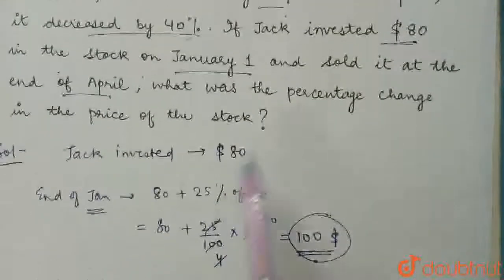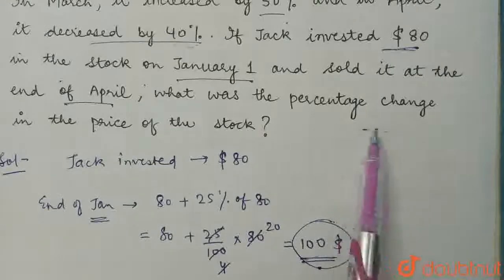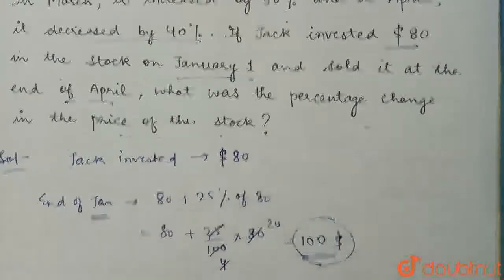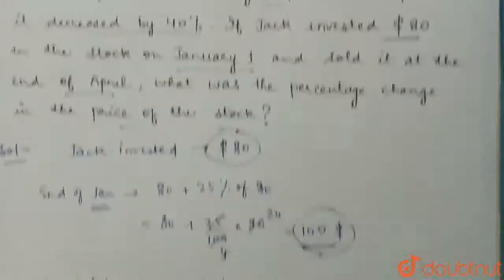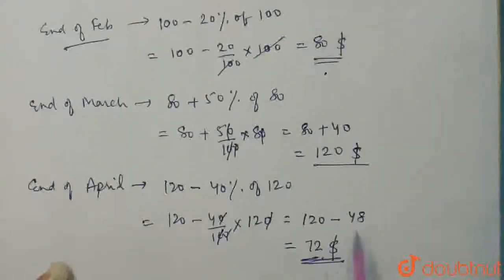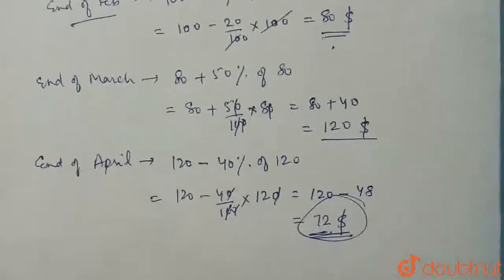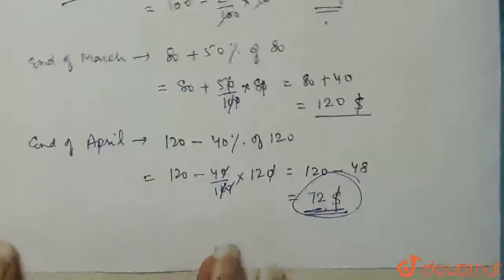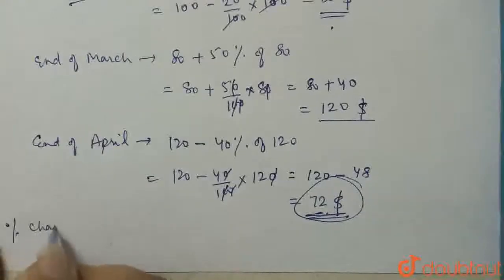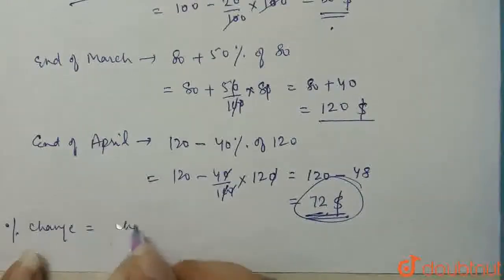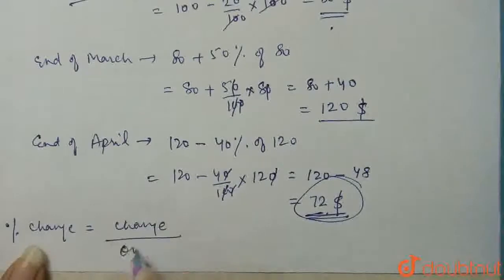And now we are required to calculate the percentage change in the price of the stock. So he started with $80 and now he is left with $72. So we are required to calculate the percentage change. That is, percentage change will be change upon original into 100.